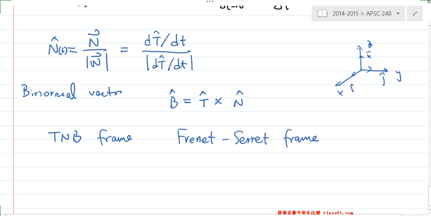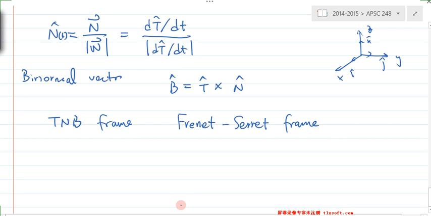Let's just say you have a certain trajectory in 3D space. For example, as we illustrated, a helical curve trajectory. Then at any location on the trajectory, you can construct a T, the unit tangent vector at that location.